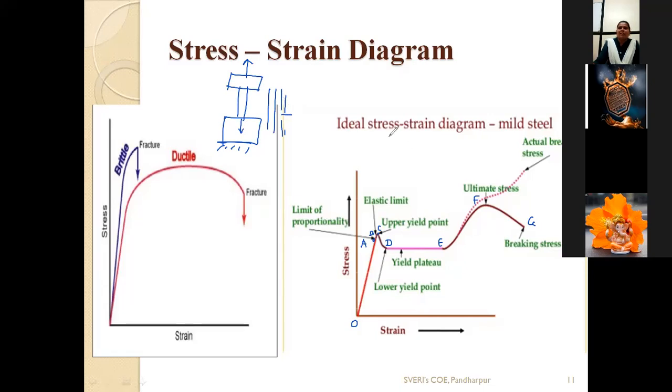So this stress strain graph comes from a tensile test on mild steel by using the UTM machine. So this is called the universal testing machine. Which machine? Universal testing machine. So if we do a tensile test by using UTM, then we are able to plot this graph.